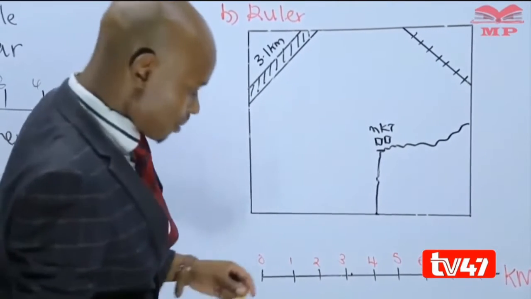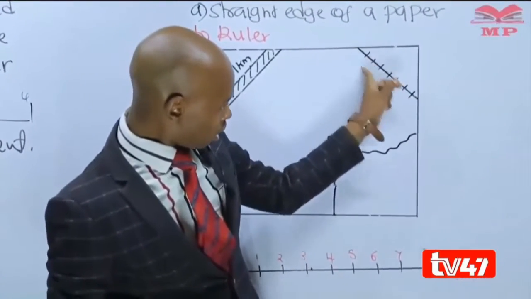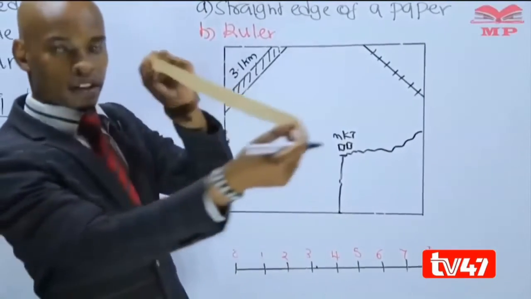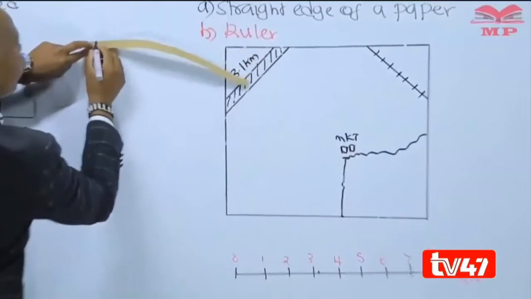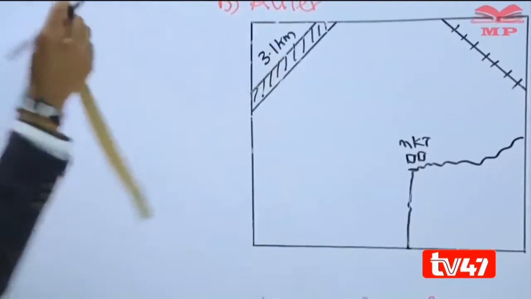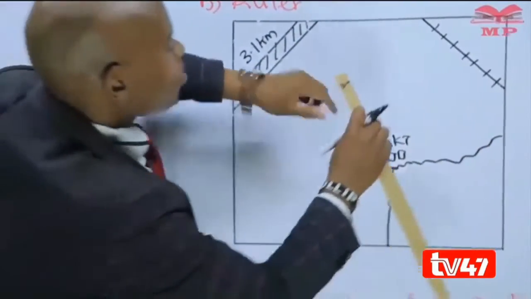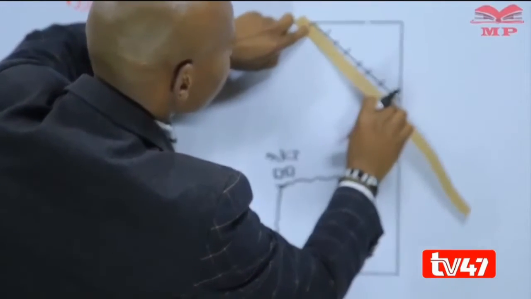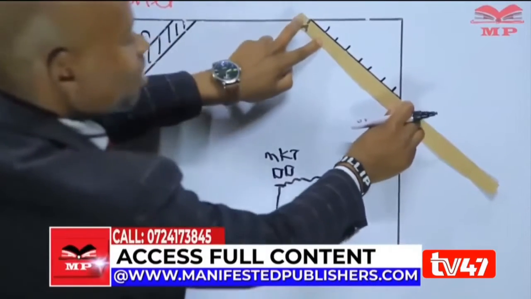Maybe to give another example, we want to get the straight length of this railway line on this map. So the first step again, your straight edge of a paper, mark one point, point A. Then make sure that point A corresponds to the starting point of that straight railway, to where it ends.